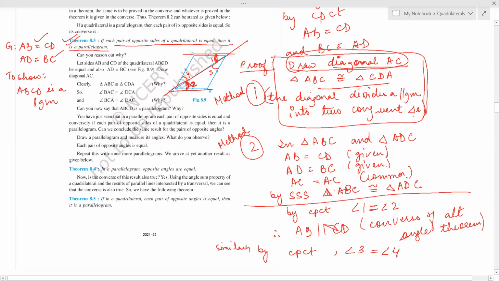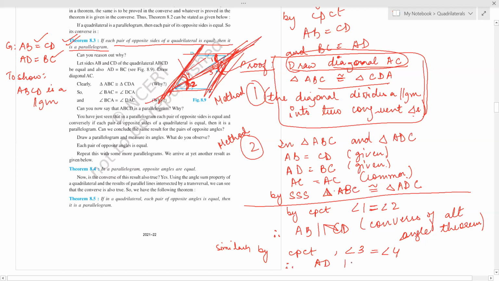Now again, use the converse of alternate angle theorem. So this time, see the figure like this. This is one line, this is another line, and you have a transversal cutting them. And this angle is equal to this angle. So therefore, this line is parallel to this line, isn't it? Yes, ma'am.